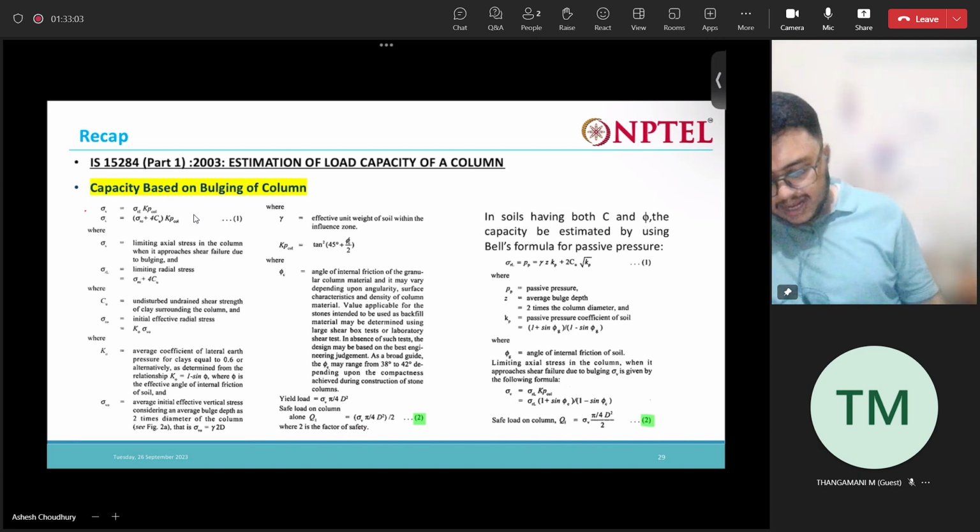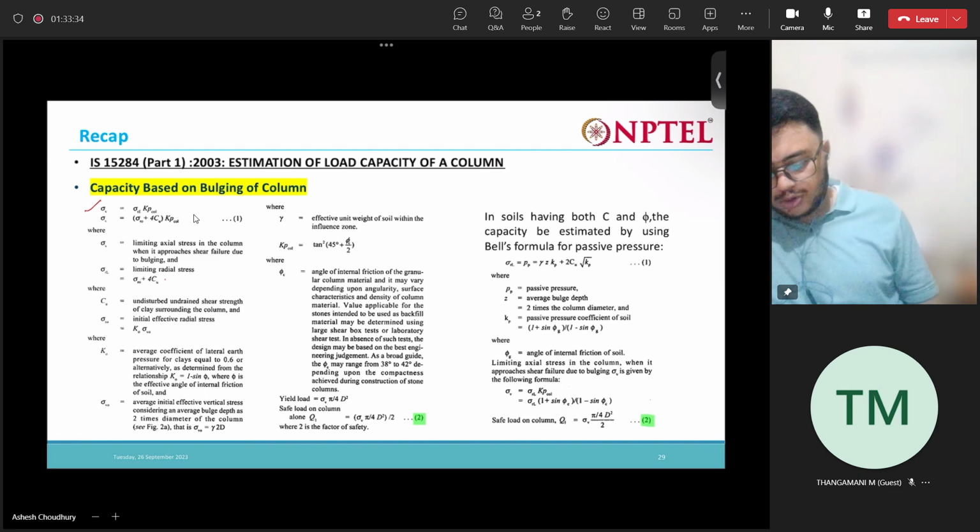And what is sigma RL? Sigma RL is given by sigma RO plus 4Cu. Sigma RO is the initial effective radial stress. It is nothing but K naught times sigma V naught. K naught is 1 minus sine phi, the earth pressure at rest coefficient of the soil.